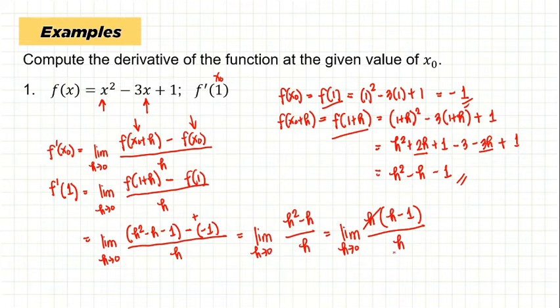We can cancel out h. So we will have the limit of h minus 1 as h approaches 0. And we can now do direct substitution. So we have 0 minus 1, which is equal to negative 1. And this is now our final answer.